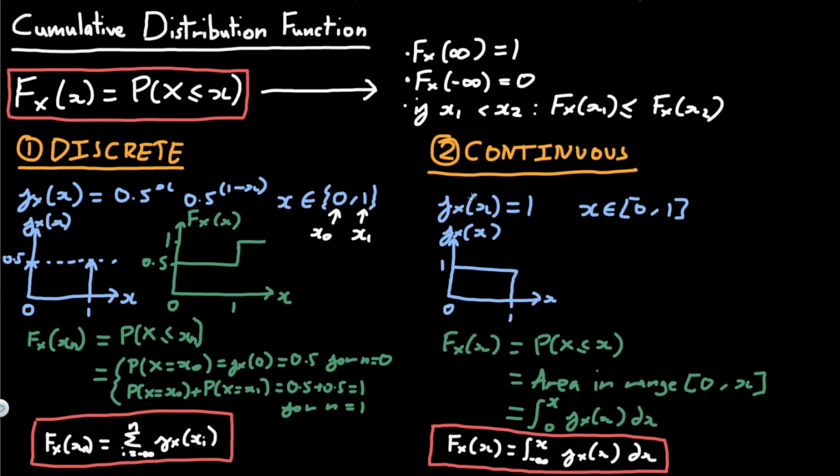So again, because probabilities are always greater than or equal to 0, let's relate this back to choosing our number between 0 and 1. So I'm going to even draw the cumulative function here too.